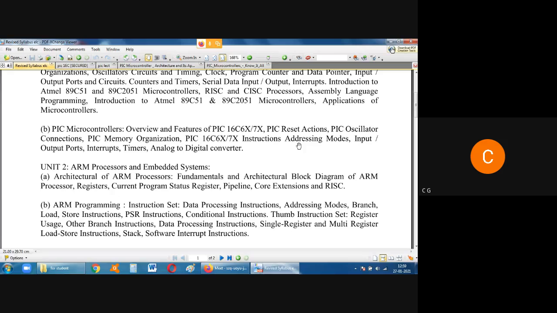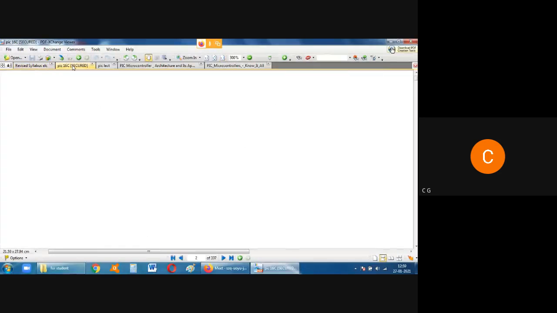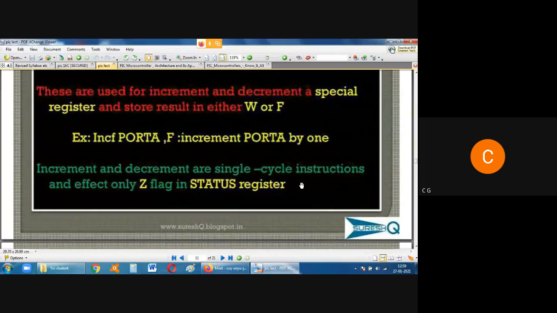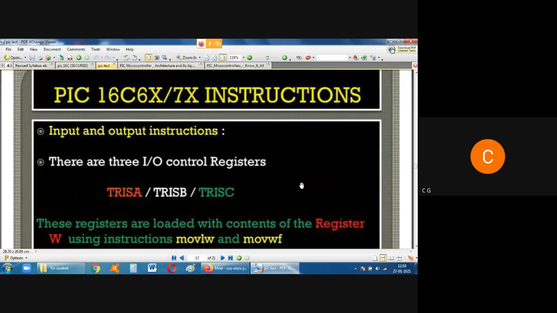Then it will go beyond that, which we will see later on. So hopefully I will try to see all the 35 instructions and their meaning.